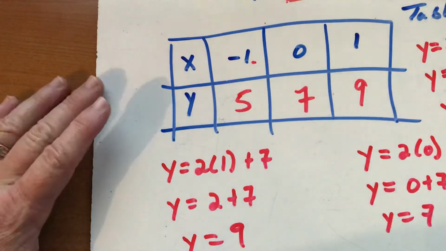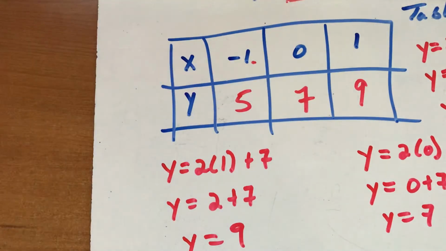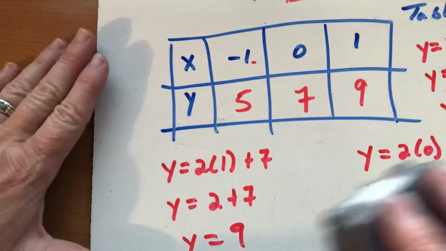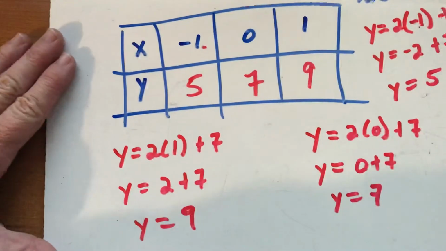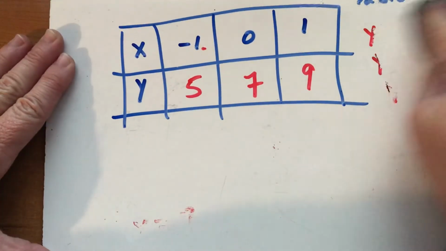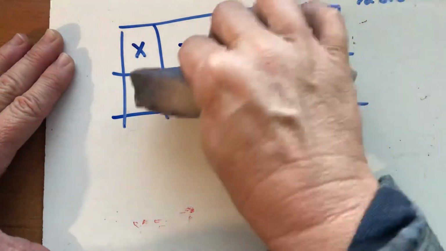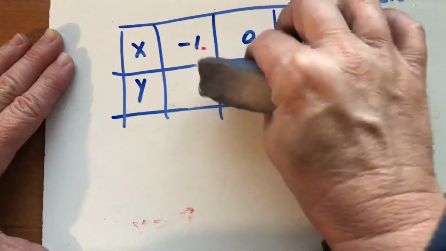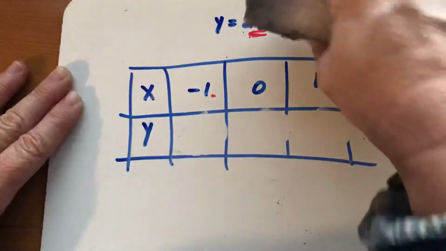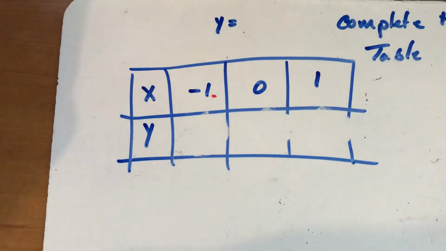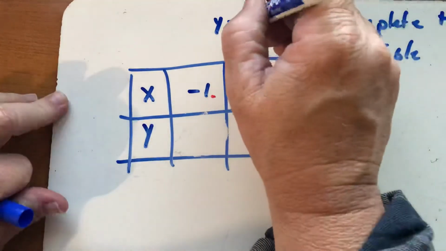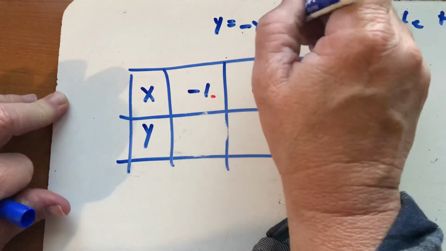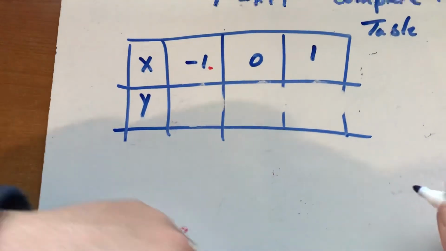Let me do the other one that has the negative, because I want to make sure that the negative isn't getting you hung up. Okay, so I'm going to erase this really quick. So the only difference is they give you the same x values, and they give you this equation, -x plus 4. And you just do the same thing.